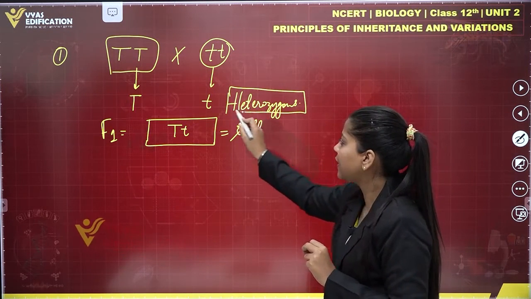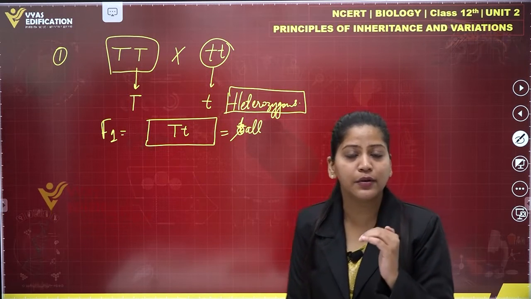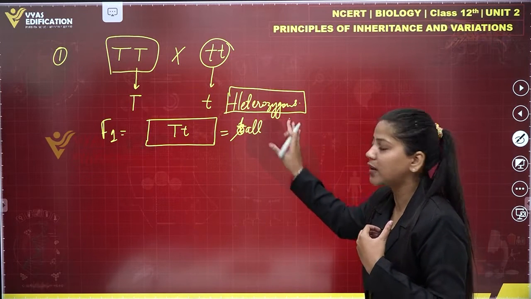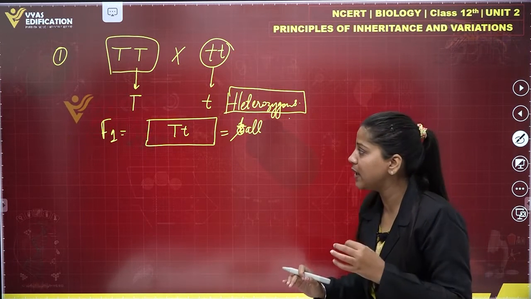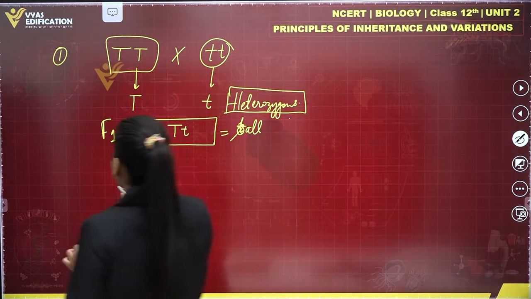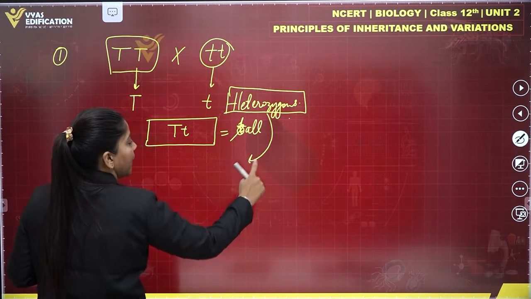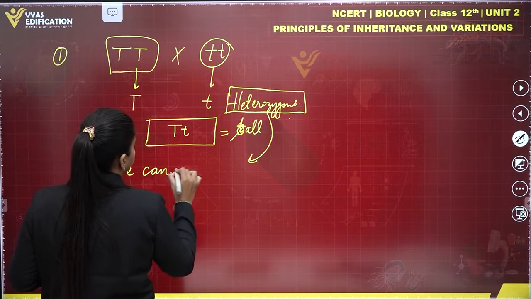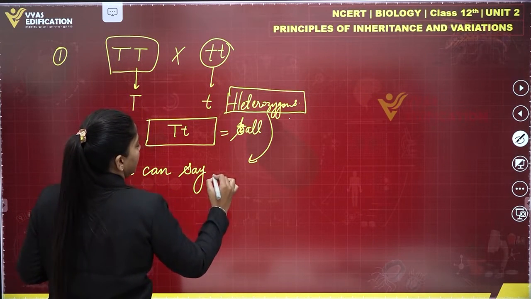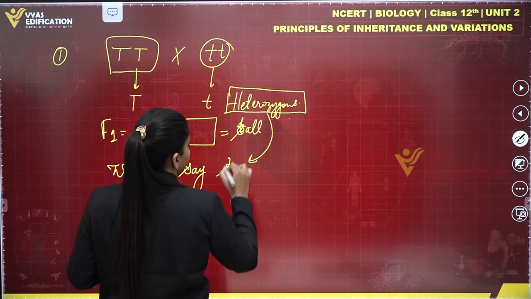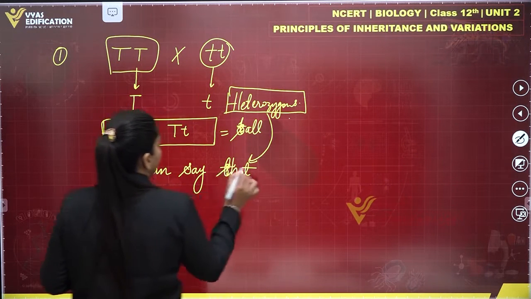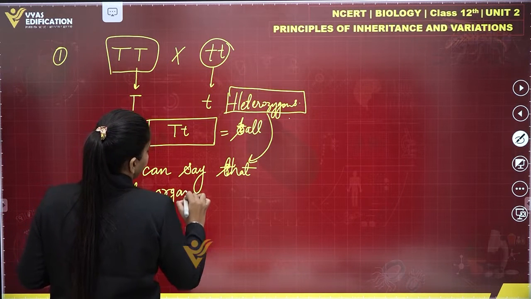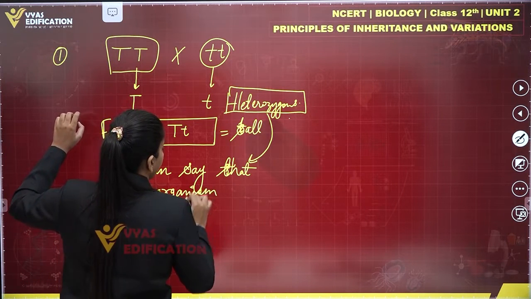If in the conclusion of a test cross we find that all the offspring in the F1 generation are heterozygous, then by this conclusion we can say that the organism, what organism we are talking about?